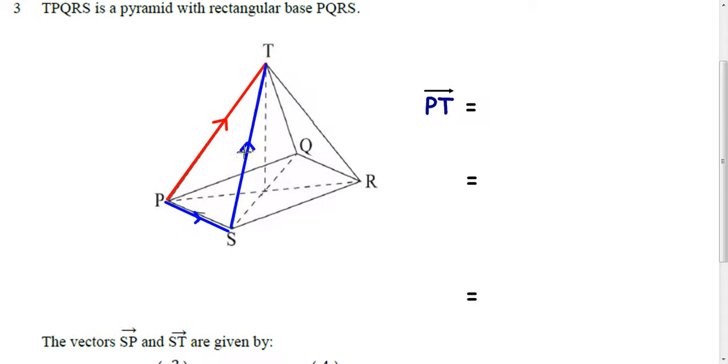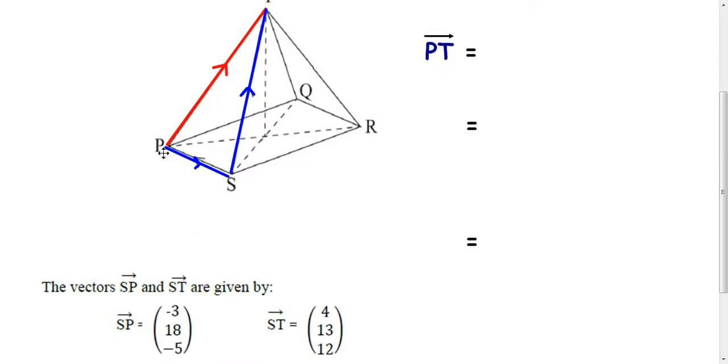Remember, adding vectors nose to tail gives you the resultant vector here. So basically if we add these two vectors we're going to get from P to T, but there's only one problem. We were given SP instead of PS. So this vector here, PS, is really the negative of SP.